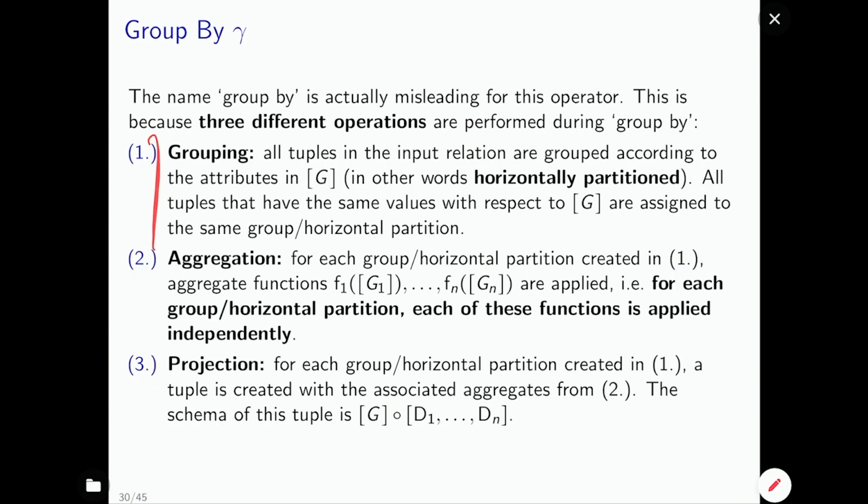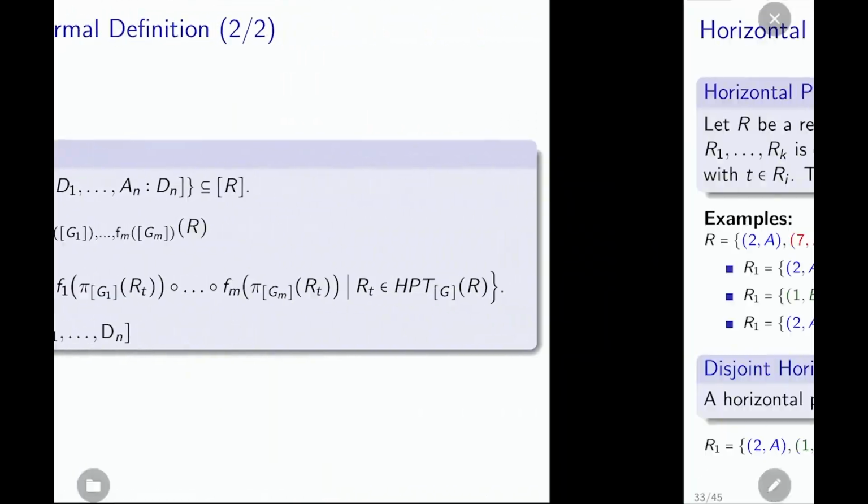Group by is a unary operator, so one input relation. And the first thing it does on the input relation is it horizontally partitions the input data. So what is horizontal partitioning? What does that mean? I have an extra slide for that, of course.